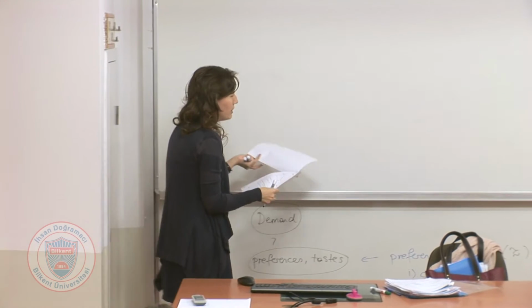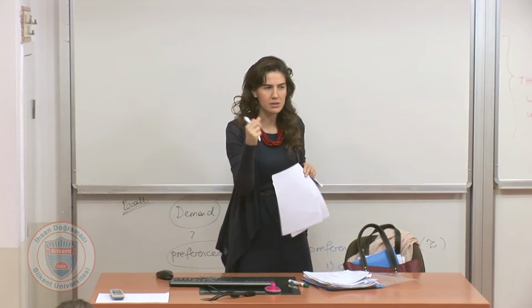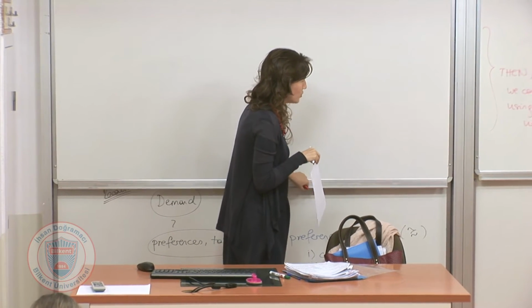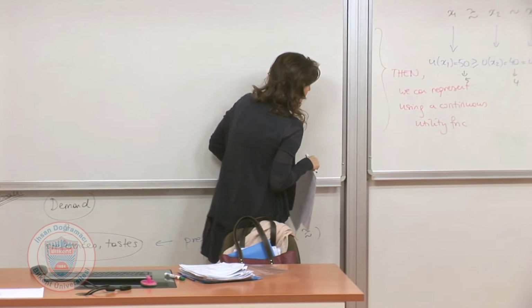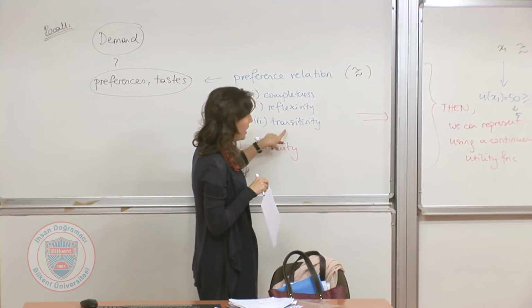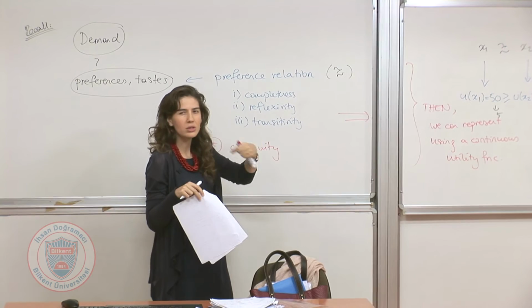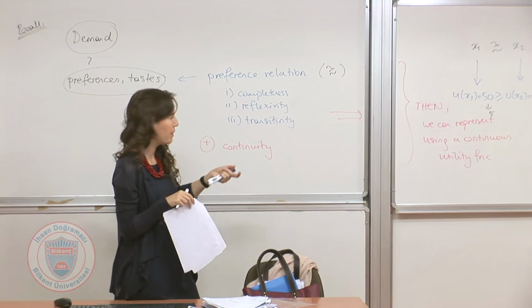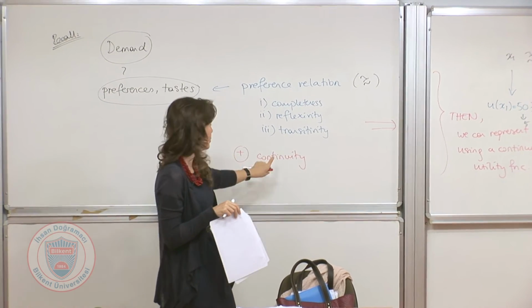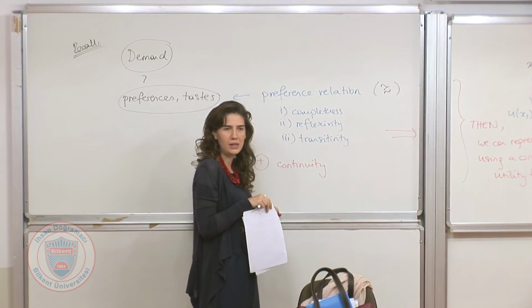And then, remember, what did we say? There is something else. We talked about some properties the preference relation should satisfy. And if we want a continuous utility function, it should also have continuity, right?